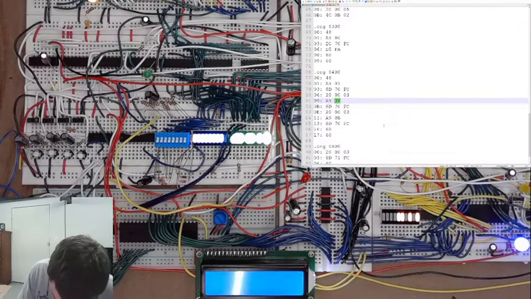So it needs 1, 2, 1. Then it needs DL, which is 1. N, which is the number of lines, which I think is 1. F, which should be 0. And then whatever you want to put.